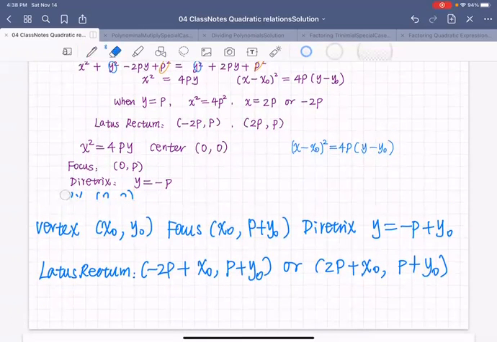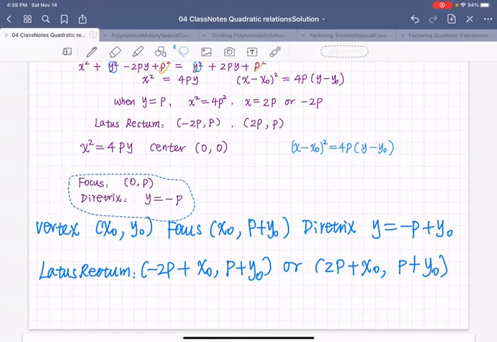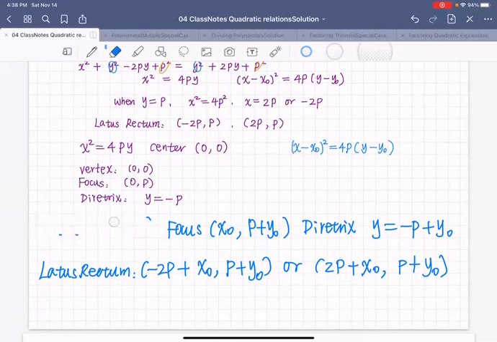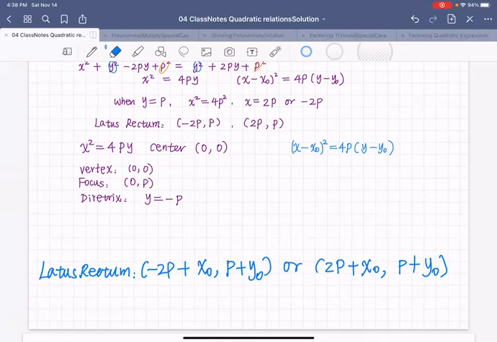Of course the vertex is always, so we can write down the vertex as the first one. That's the easiest one. The vertex is 0, 0. So we finish the simplest case, then we can easily do all the shifts. After the directrix, we can write down the lattice rectangle.